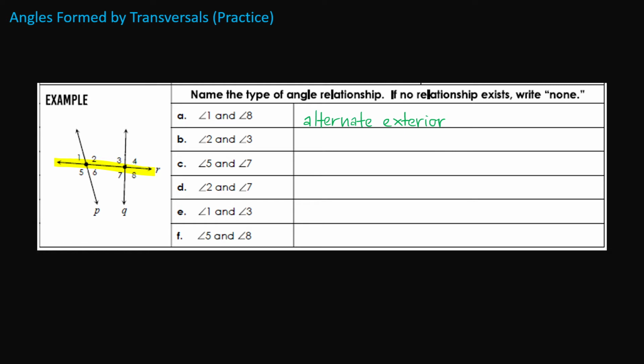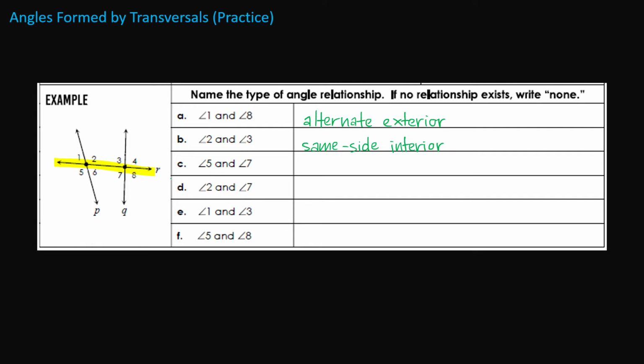Now angles 2 and 3. I notice they're on the same side as each other, or you can also call them consecutive. They're same side and they're inside lines P and Q. That means that they are interior. So in total, that would be same side interior angles.